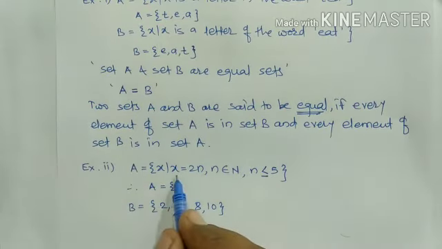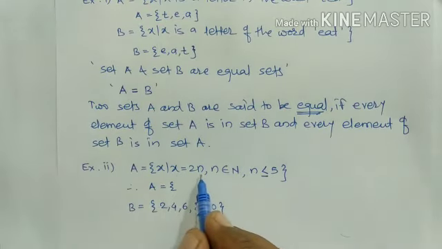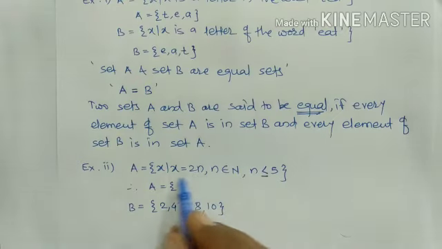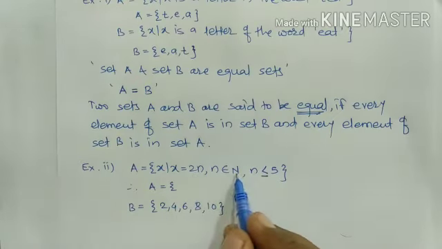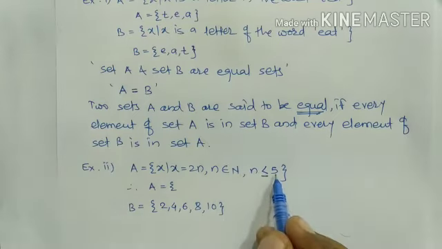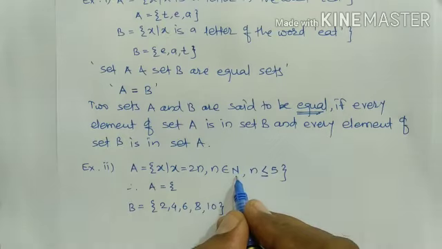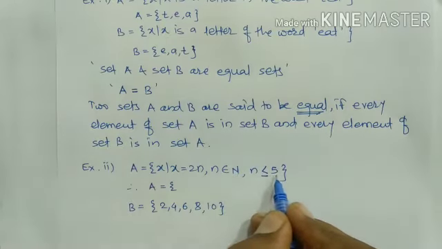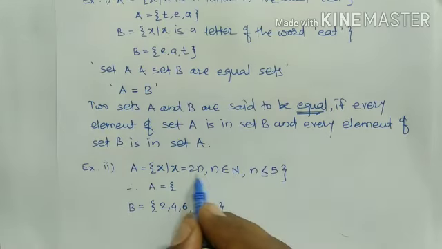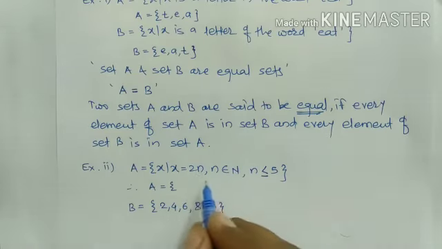Here is the set of all x such that x equals to 2n. म्हणजे 2 च्या मल्टिपल मधला नंबरचा हा सेट आहे, where n is the natural number and n is less than or equals to 5. म्हणजेच आता n आता नॅचरल नंबर जे आहेत हे अप टू 5 पर्यंतचे आहेत, त्यांच्या ट्वाइसच्या नंबर्सचा हा सेट आहे.